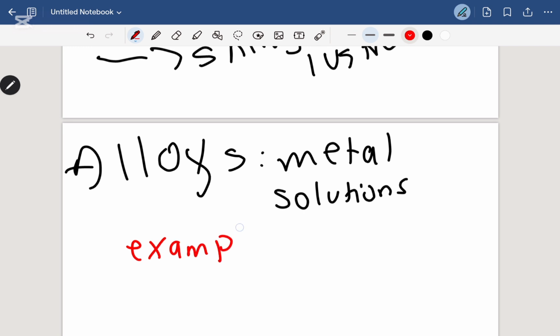Examples. Some examples we have are steel, brass, bronze, and etc. All right.